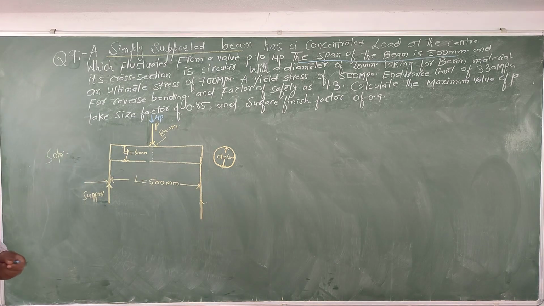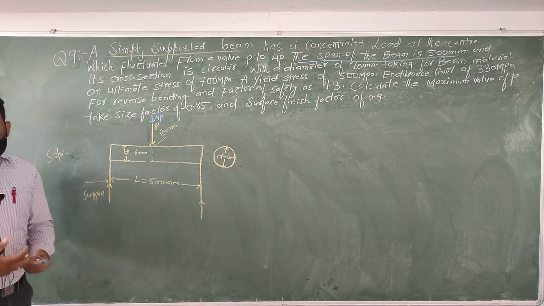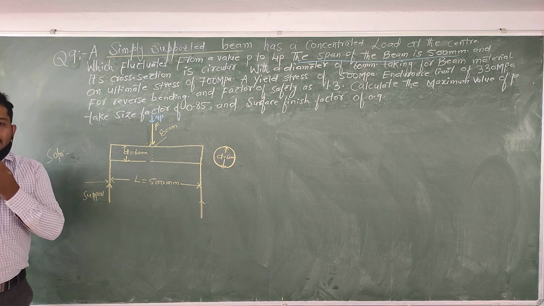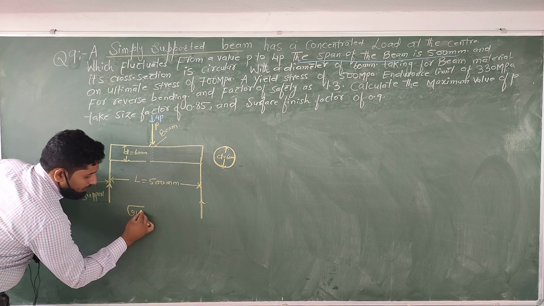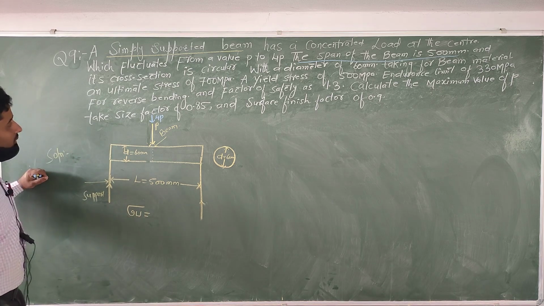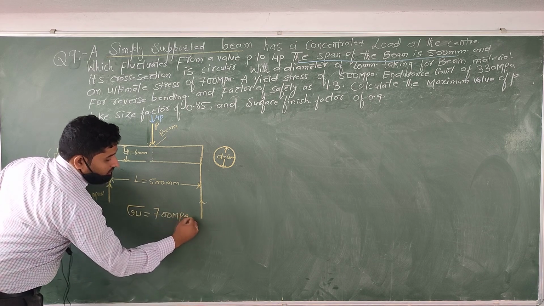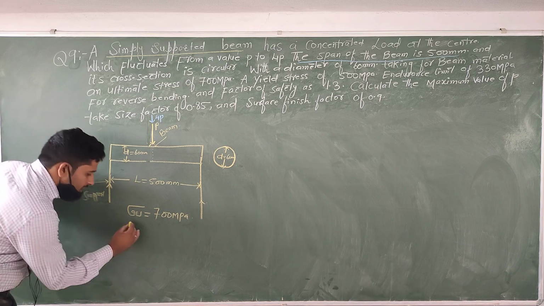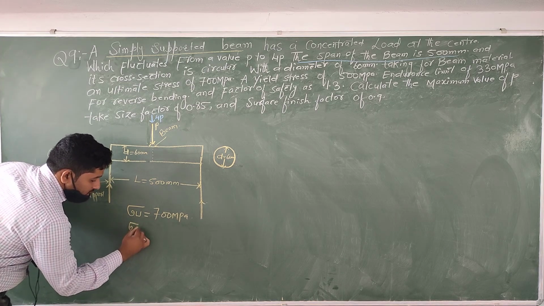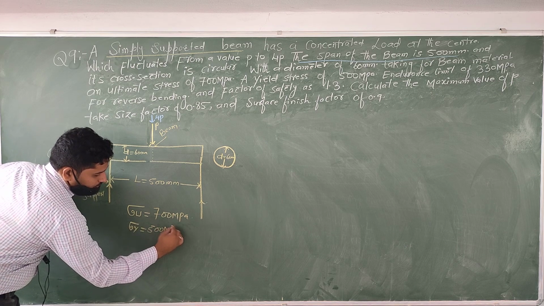Taking the beam material, the ultimate strength of this material is represented by sigma u, and it is given as 700 megapascal. The yield stress of the material is represented by sigma y, which is 500 megapascal.